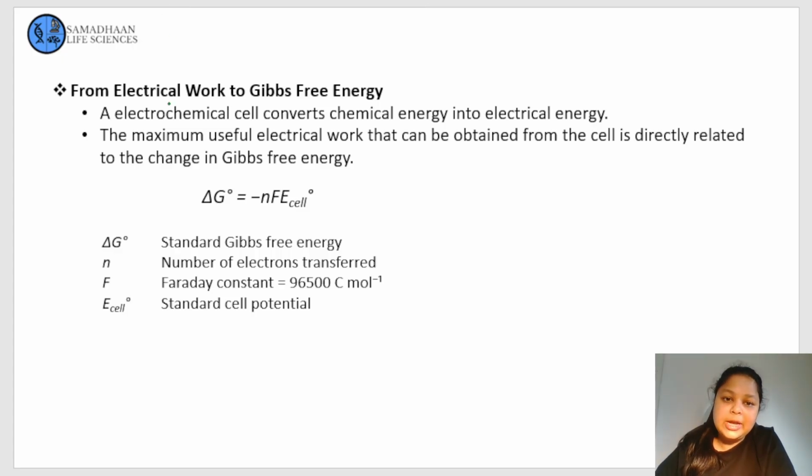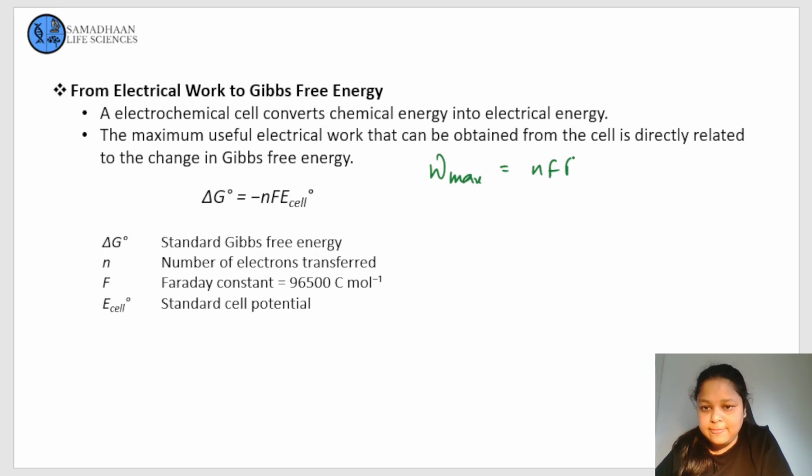Okay. Now in an electrochemical cell, chemical energy is converted into electrical energy, and the maximum useful electrical work we can get from that process we can write as W max is equal to nFE cell. Now this n is the number of electrons transferred in the process, F is the Faraday constant, E cell is the standard cell potential, which tells us about the ability of the cell to produce electrical energy.